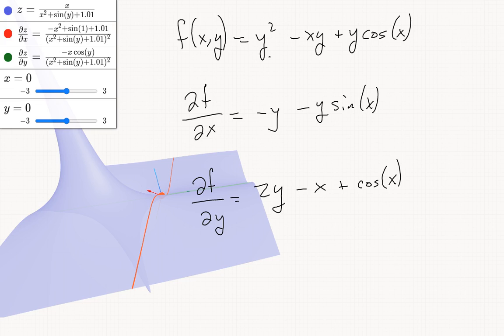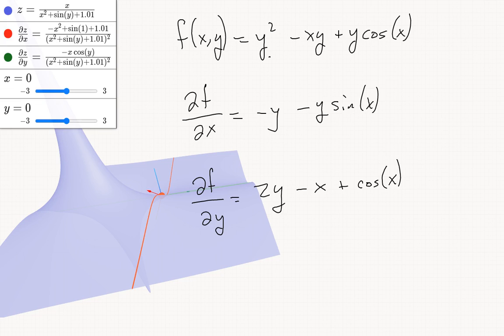Okay, now for del f by del x, derivative of top is 1 times x squared plus sine y plus 1.01, and then minus x times derivative of the bottom will be 2x. So that's 2x squared, so this just becomes minus x squared plus sine y plus 1.01.